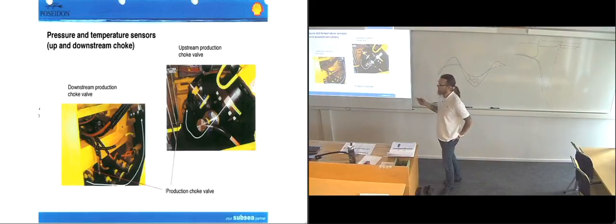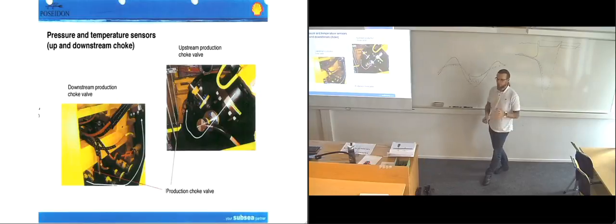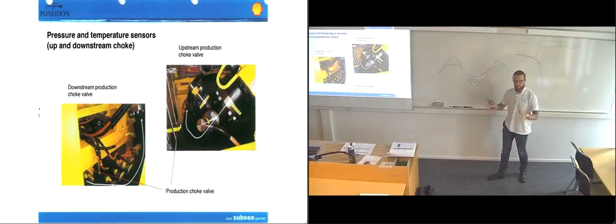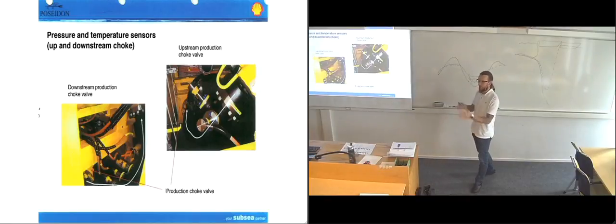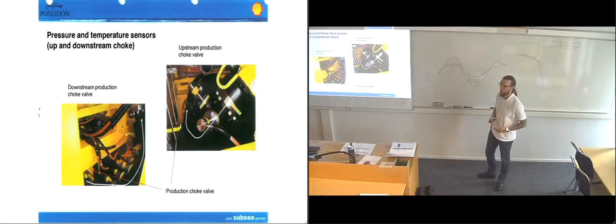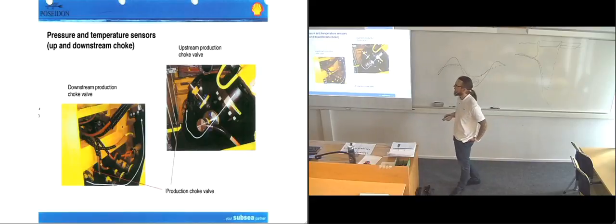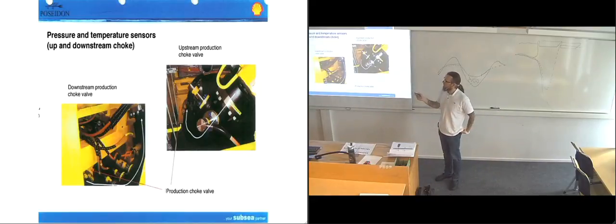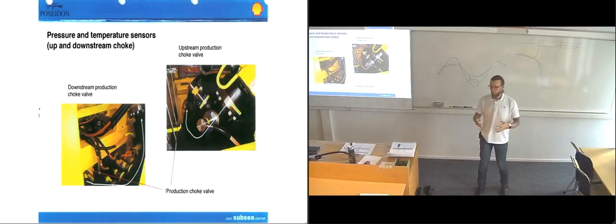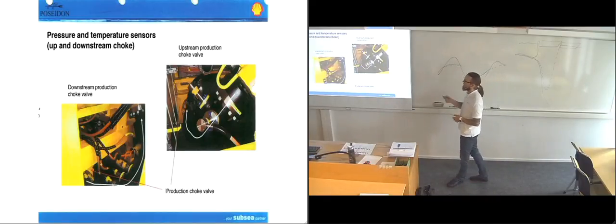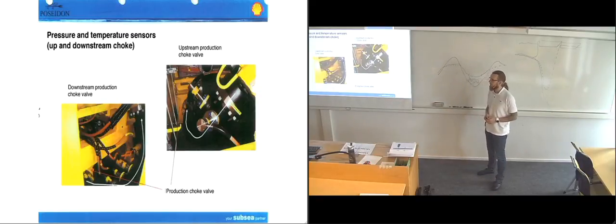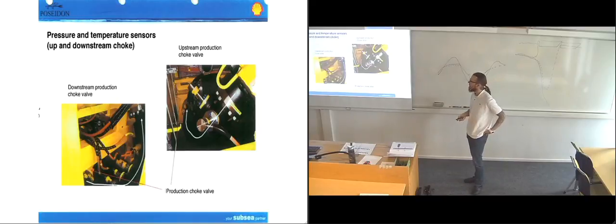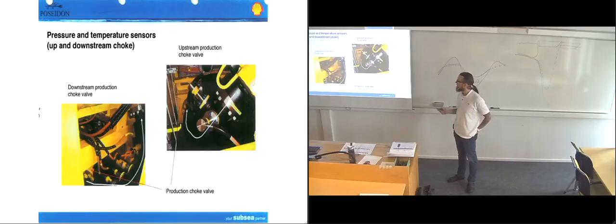But also temperature, because as you know from thermodynamics, temperature, pressure, volume, everything is connected. So if you are changing one of them, you might end up changing the others. So it's nice to know what temperature you're ending up with. And we also know that if we're throttling and reducing pressure, we are creating friction in it. We know this from our hydraulics, which means that you will probably get an increased temperature after the choke valve. So it's nice to keep an eye on what the temperatures and pressures are.